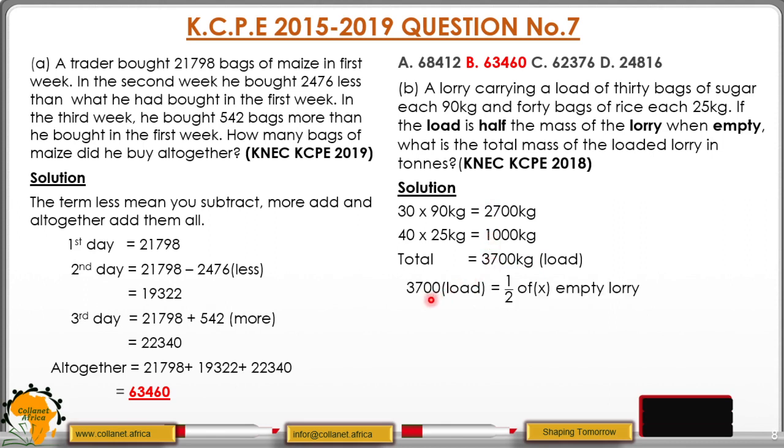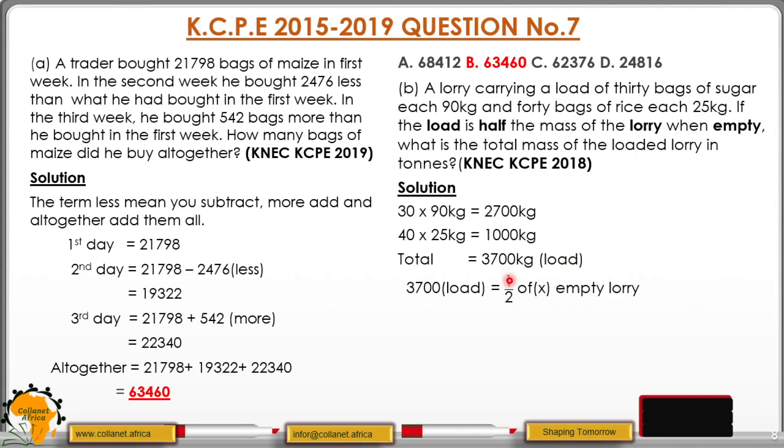Then here is where I need you to pay attention. We have the load. The load is, so the "is" here will stand for the equal sign, half of the lorry when empty.